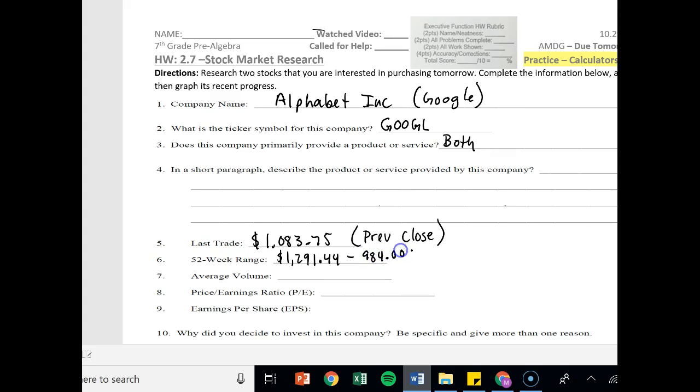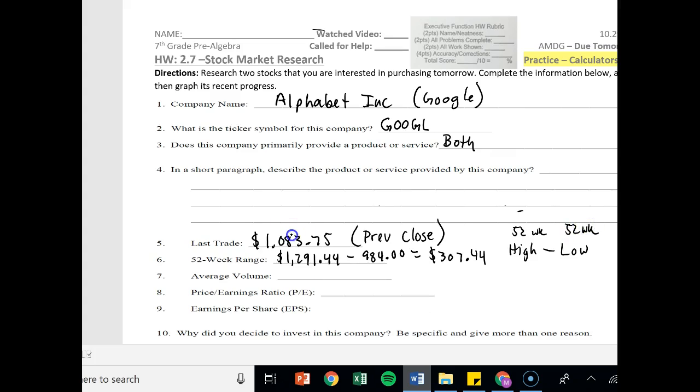I took the 52-week high minus the 52-week low, and I'll get its market range is about $307.44. So again, I just did the high minus the low.